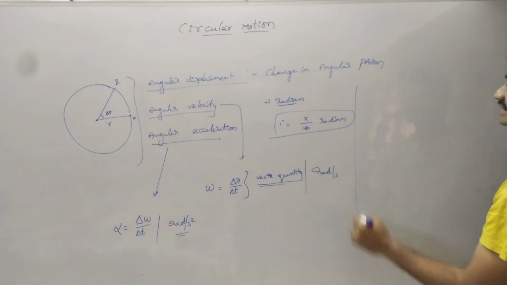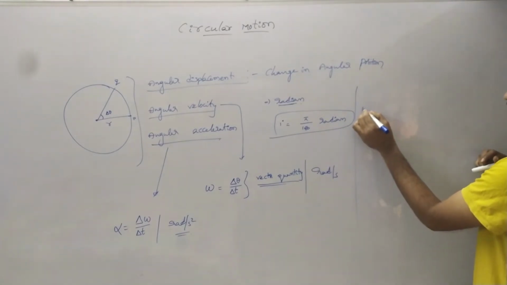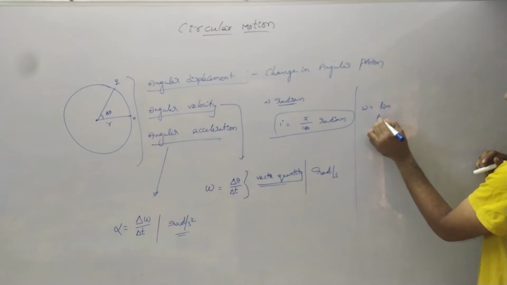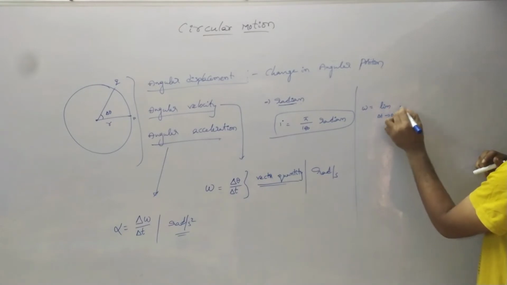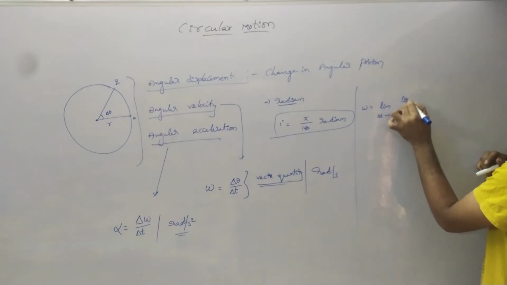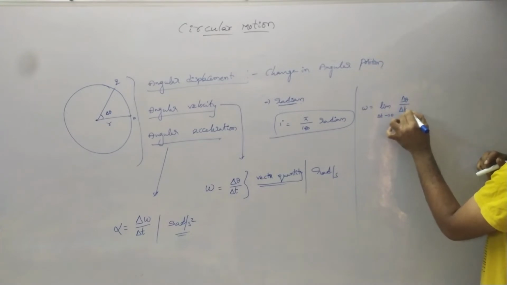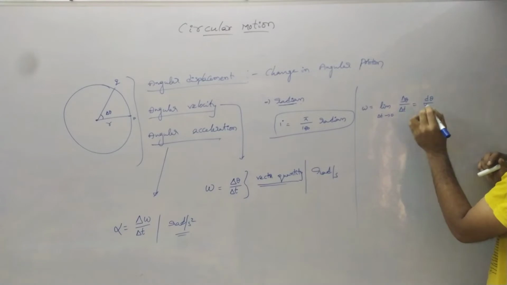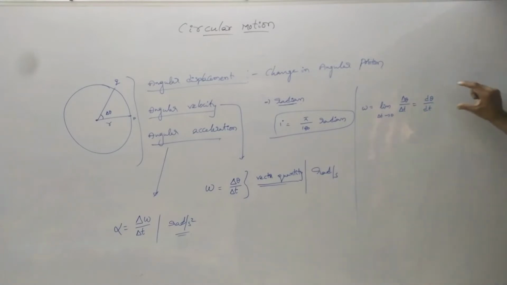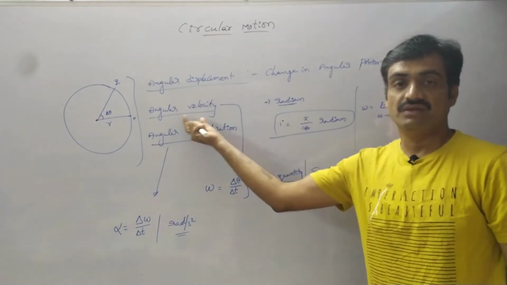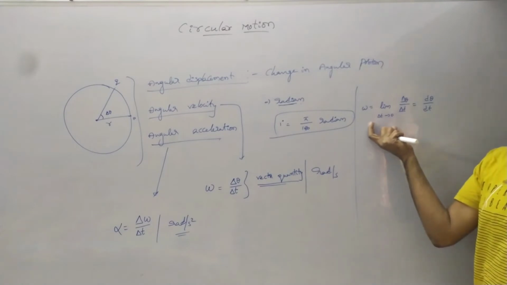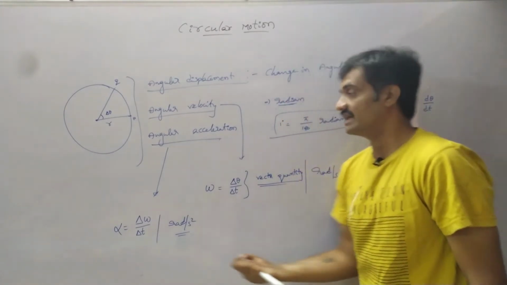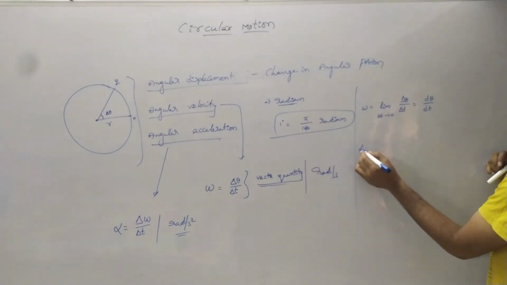Here omega equals limit of delta t tends to 0 of delta theta by delta t, which is equal to d theta by dt. This equation represents the instantaneous angular velocity.